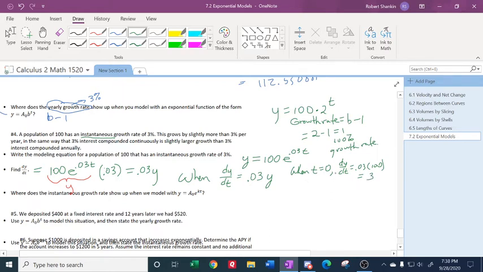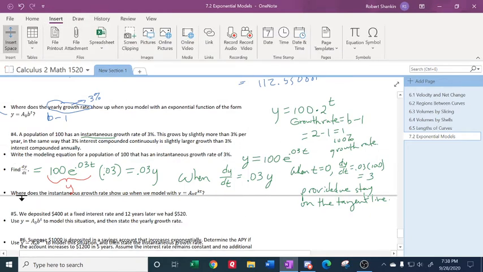So when t equals 0, we expect the population to grow by 3 units, provided we stay on the tangent line. But on exponential growth, we know we're not going to stay on the tangent line.